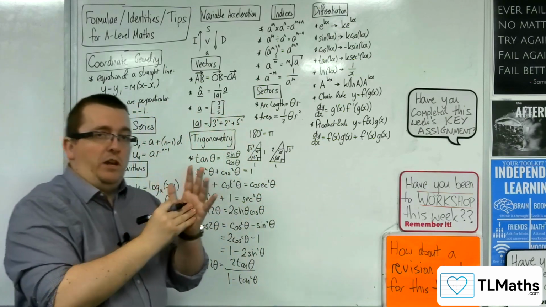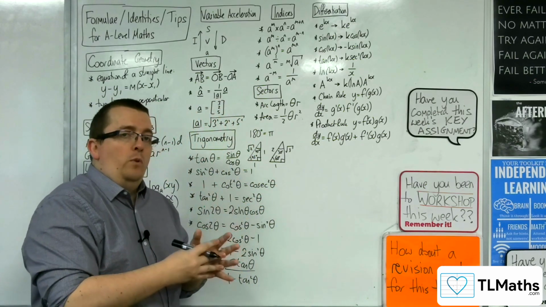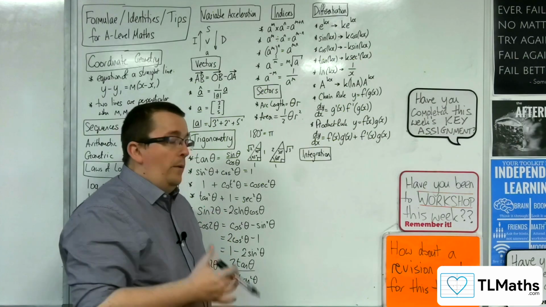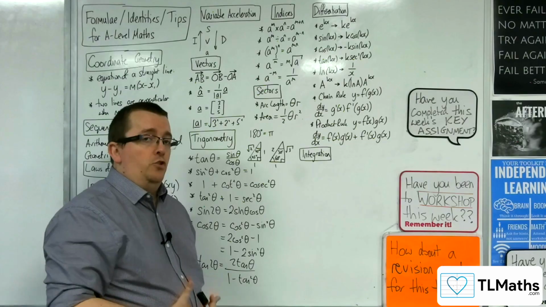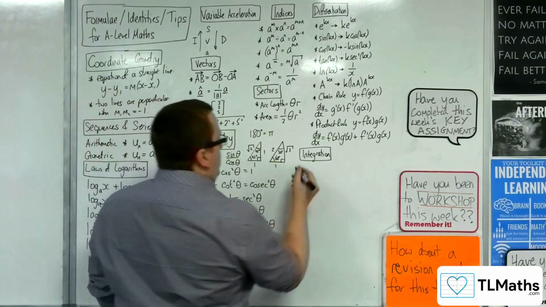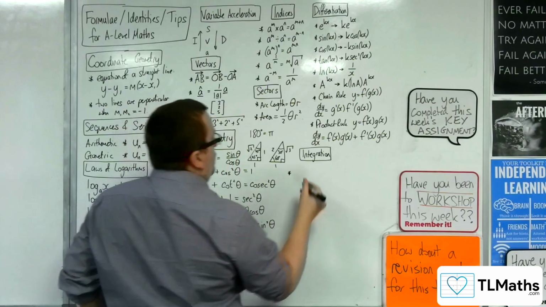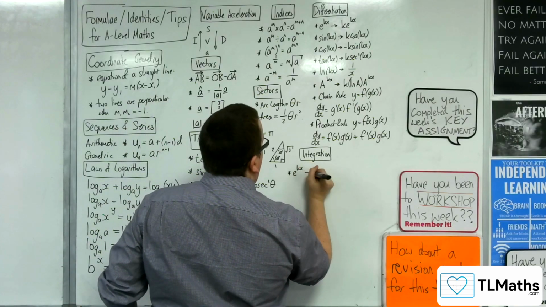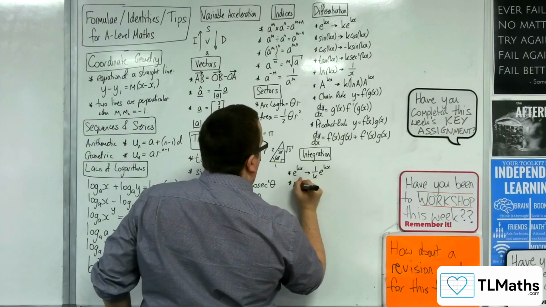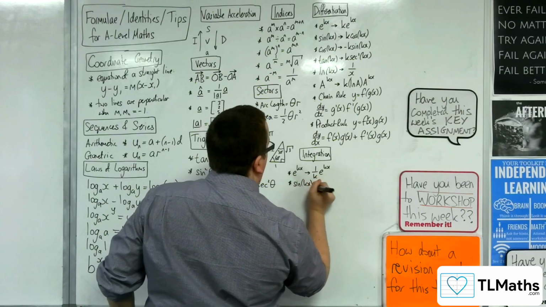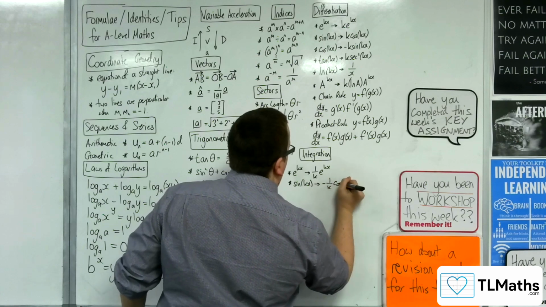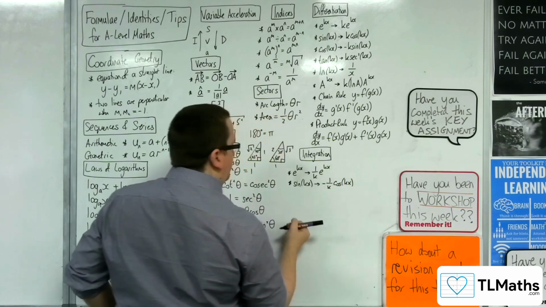The quotient rule is given to you, so you don't need to worry about that. You just need to make sure you know how to use it. Now, I could do a whole section on integration, but I'm going to try and keep it onto this bit of the board. So first of all, you've got e to the kx, which will integrate to 1 over k e to the kx. Then you've got sine of kx, which will integrate to minus 1 over k cosine of kx.